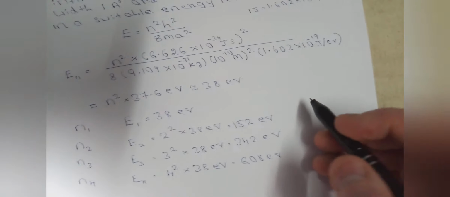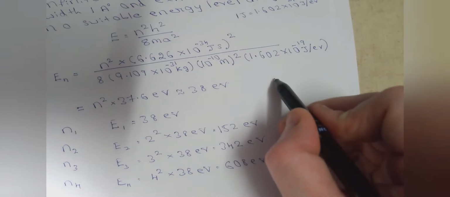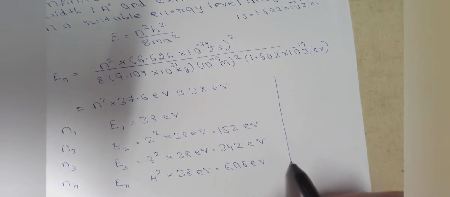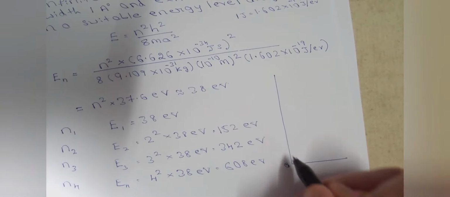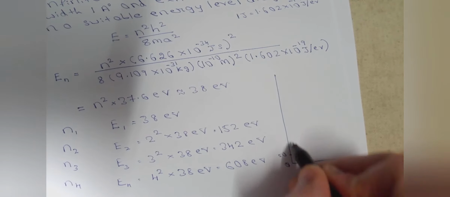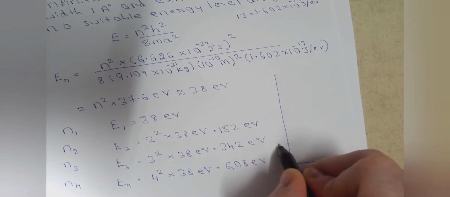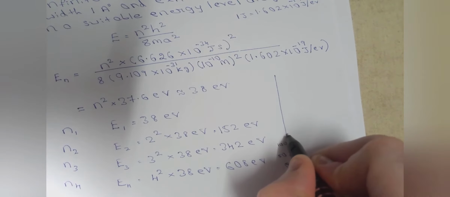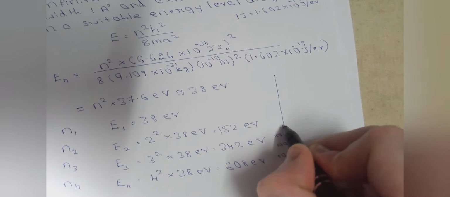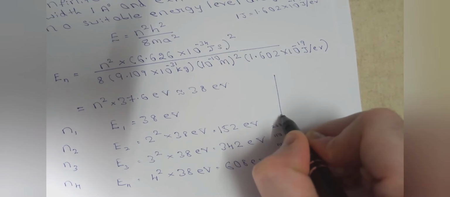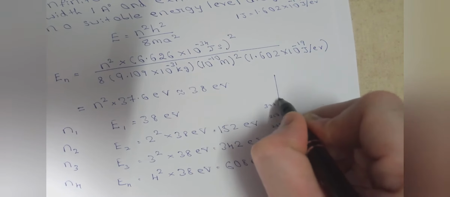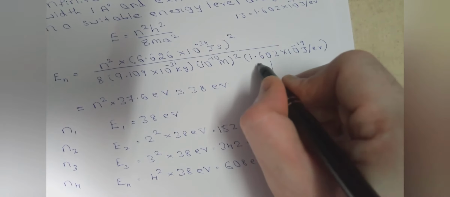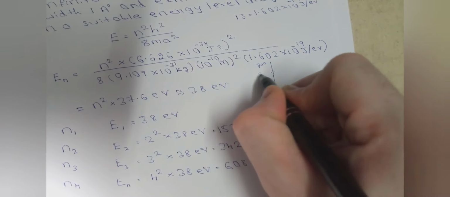So now we can plot a graph like this, with 0, 50, 100, 150, 200, 250, 300, 350, extending up to 700, with 600 somewhere here.